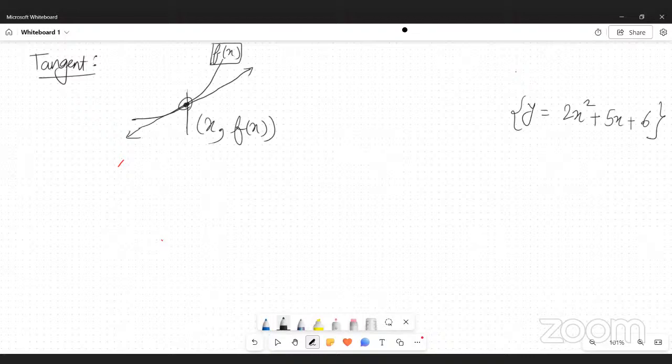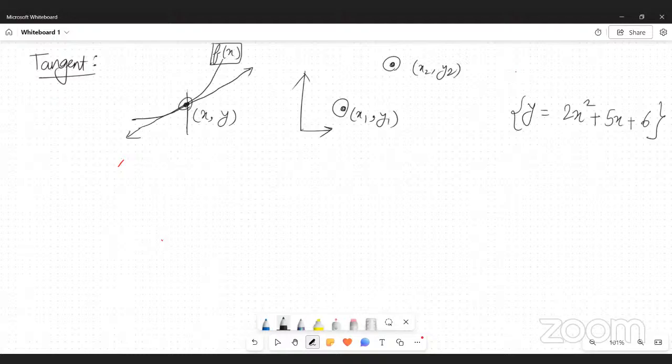So if I know the x coordinate, do I know the y coordinate? Bhavna, tell me. Yes, sir. Great. So I'll term it as x comma y. Earlier I had taught you, if I have 2 points on the xy plane, this point is x1 comma y1 and this point is x2 comma y2, the line joining these 2 points, what will be the slope of the line?